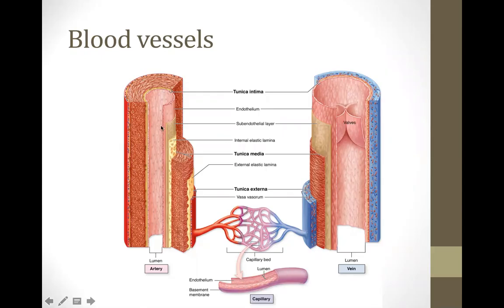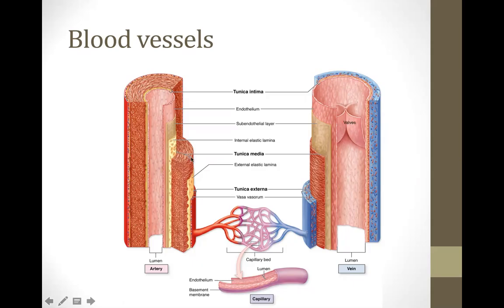No? Whereas here, in this picture, look class, ano mapapansin niyo? Can you give me one difference of an artery and vein based on this picture? Number one, it's the lumen. Look at the lumen of the artery. It is smaller compared to your larger lumen. What else? Look at the layer of the blood vessel.